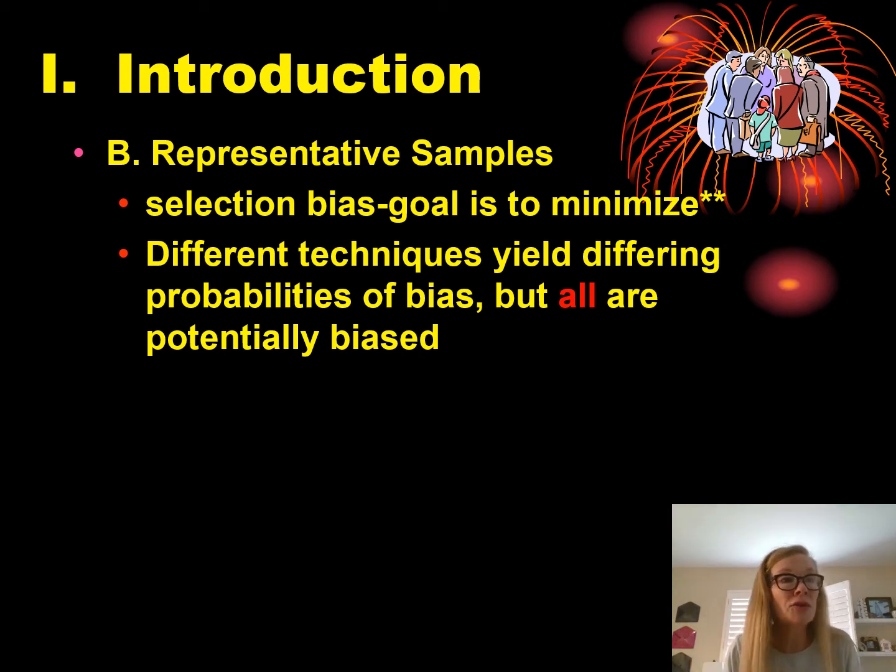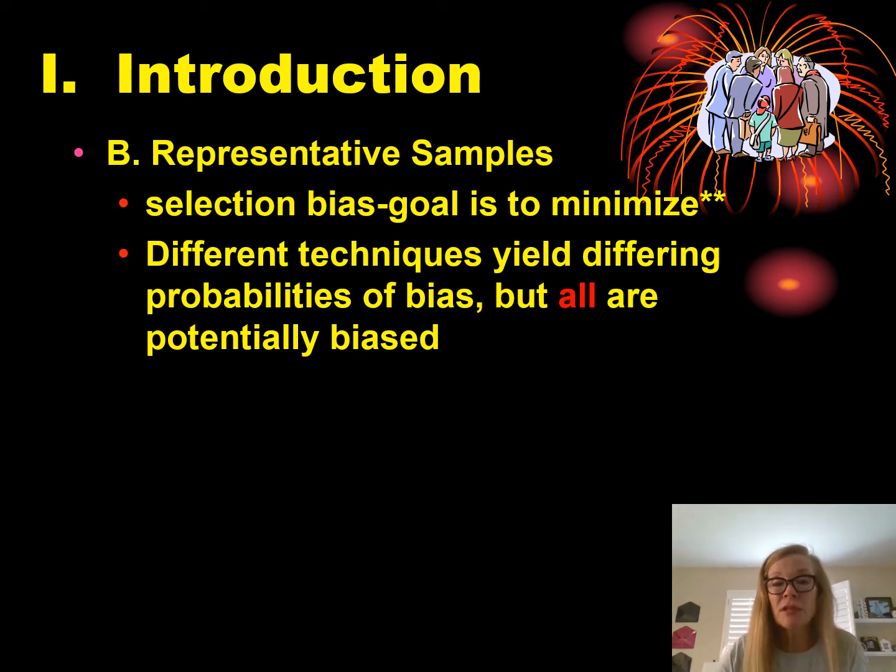If I want to apply my findings to all college students, but the way I'm selecting my sample is to just perform my measurement on my students, then you guys are going to differ in important ways, not every single way, but probably in some pretty critical ways from all college students. And those reasons I just highlighted a few moments ago.